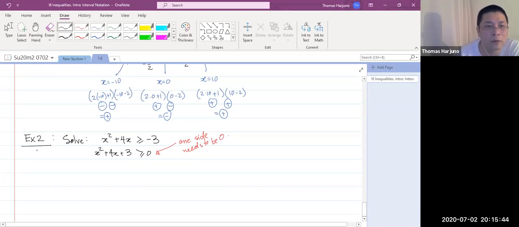Now then, from there, I start the first step, critical numbers. Set that inequality equal to 0, and then factor. We don't have too much time to do factoring. We don't have that leisure, so you really need to speed up. So we get x equals negative 3, x equals negative 1.